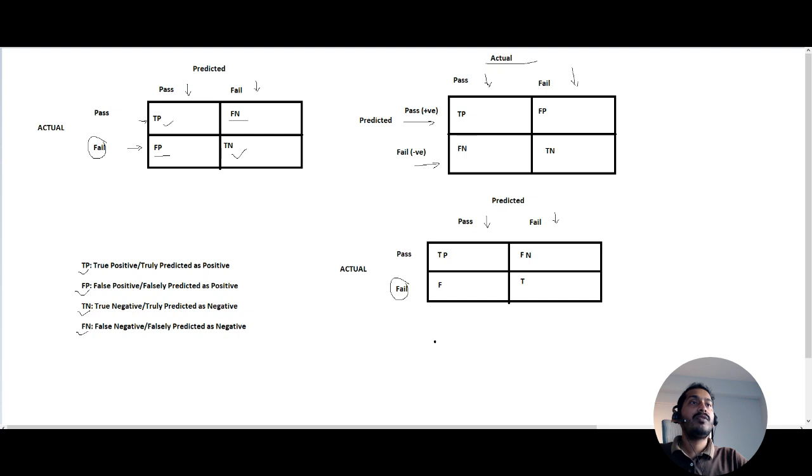Again if we go for this one, as a prediction it shows pass, so we'll write FP, that is falsely predicted as a positive, and then true negative, because in the prediction it shows negative, right? So true negative. So this is how you can find the values as true positive, false positive, true negative, and false negative in the confusion matrix.